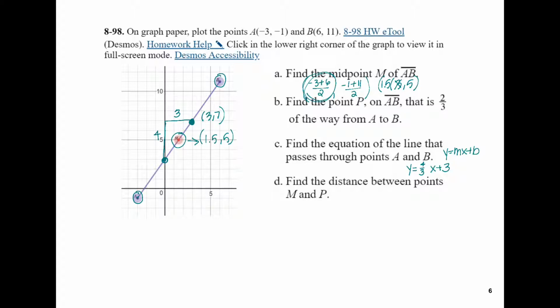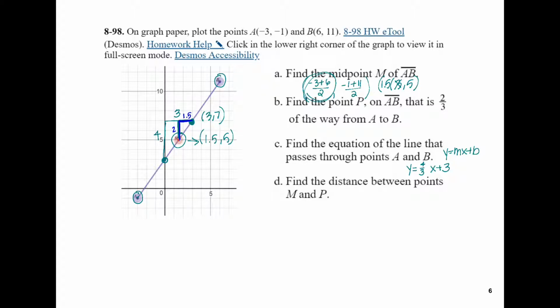Find the distance between points M and P. So the distance from point M to point P, this distance right here is 1.5. This distance right here is 2.